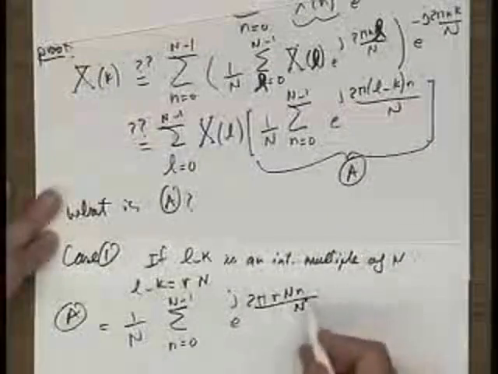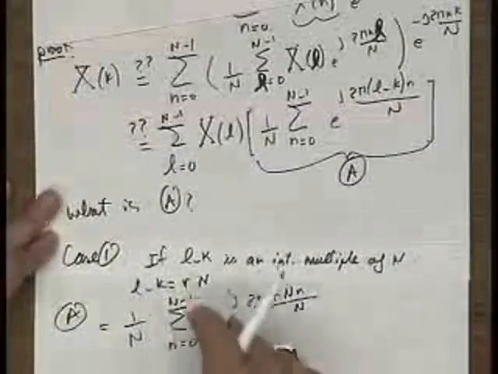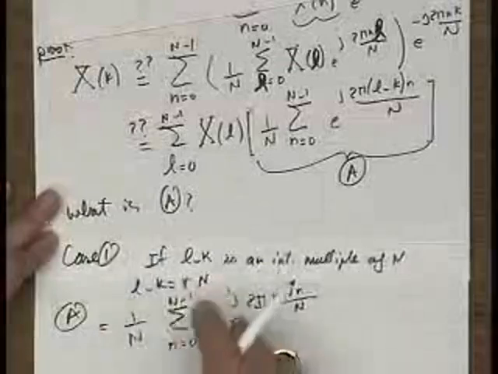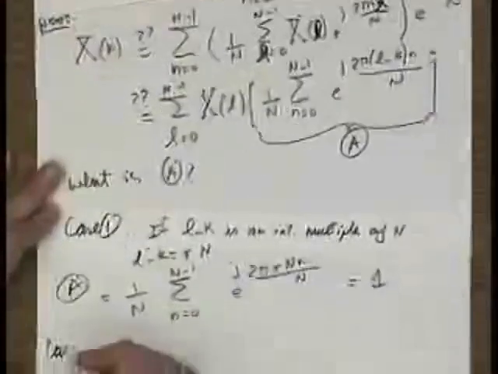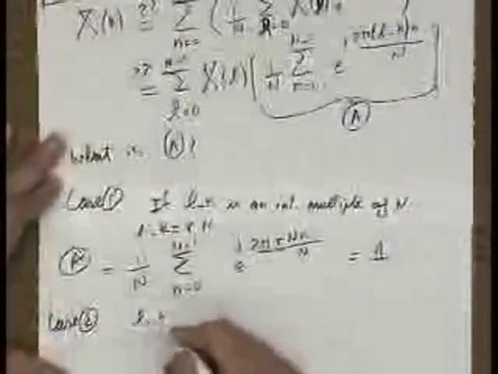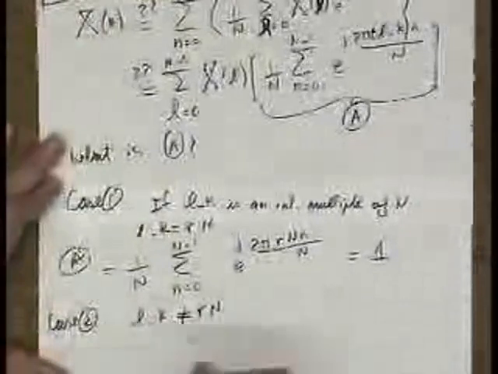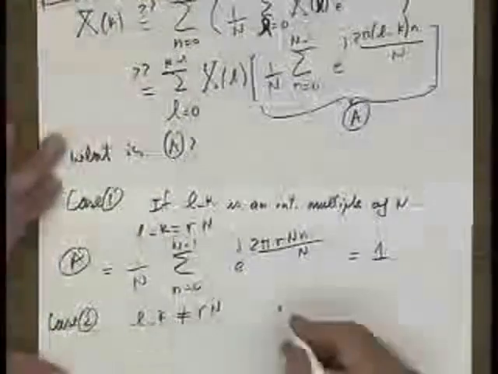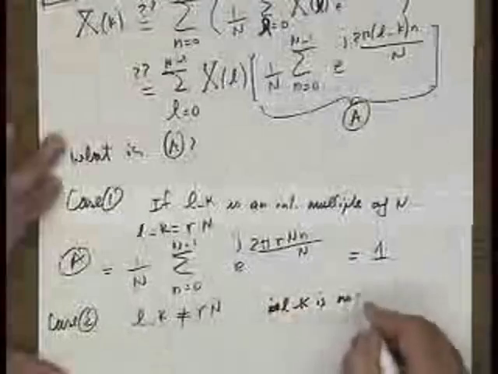R is an integer, n is an integer, and e to the j 2 pi times any integer is just 1. Add up 1s a whole bunch of times, you get N over N, and that's 1. Finished.